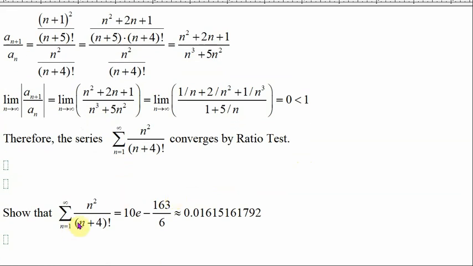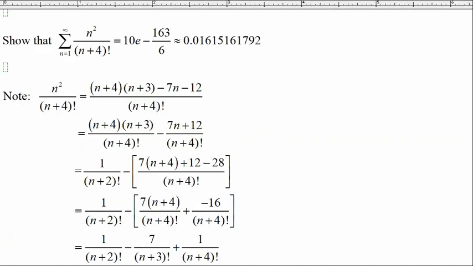And now let's show that the series converges to 10e minus 163 over 6. Notice that n squared can be rewritten as (n plus 4) times (n plus 3), and then minus 7n minus 12.